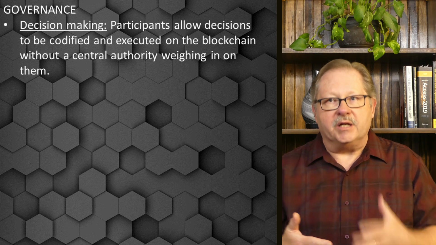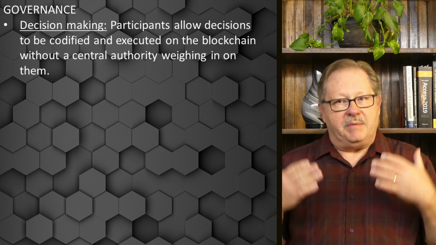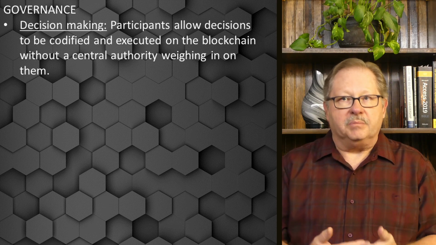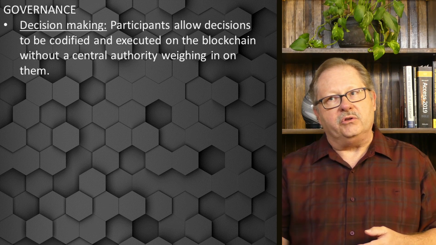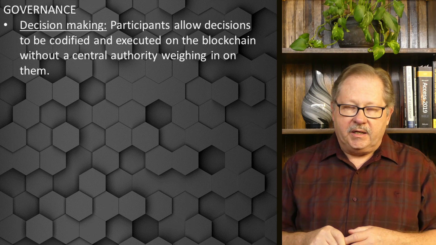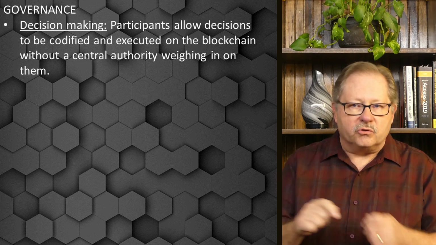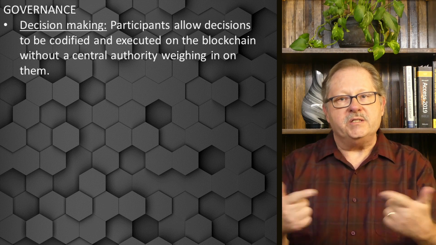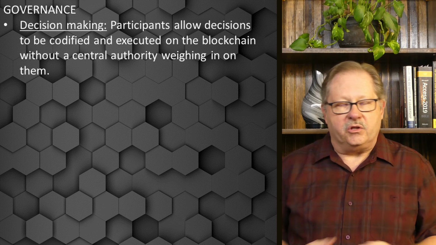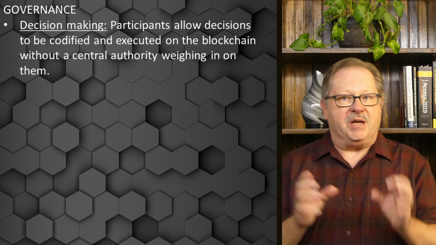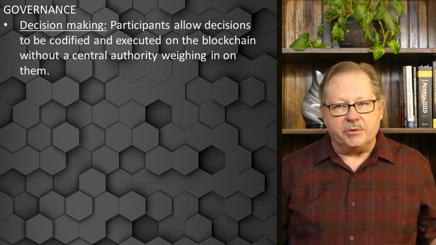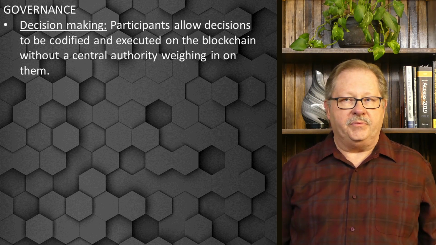Participants in the blockchain should be allowed to make decisions on the execution of the blockchain without a central authority weighing in on them. In other words, you don't want to get into the Trojan horse sort of situation where you're joining a blockchain and one central authority is constantly making all the decisions, making sure it's best for them and not necessarily best for you or maybe a dozen other participants that are in the room.